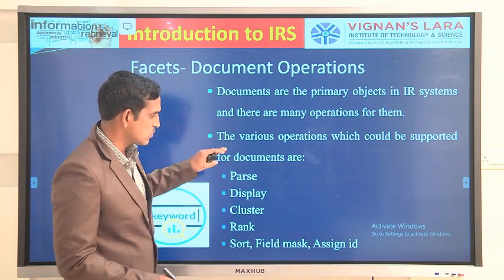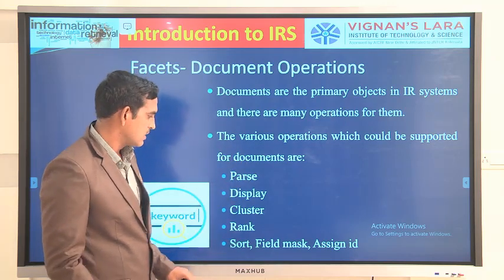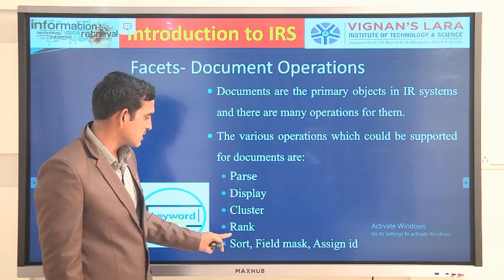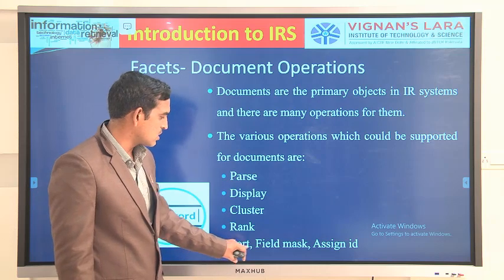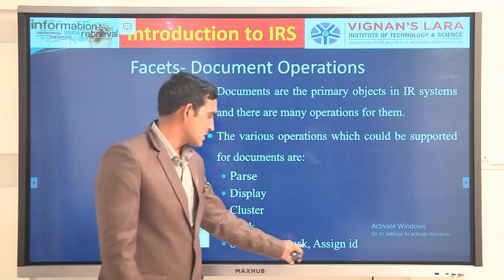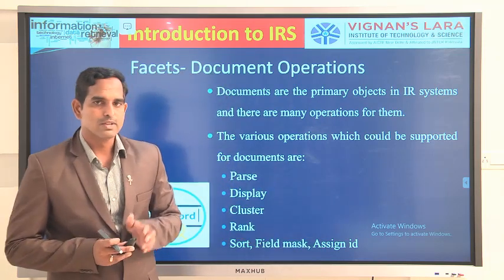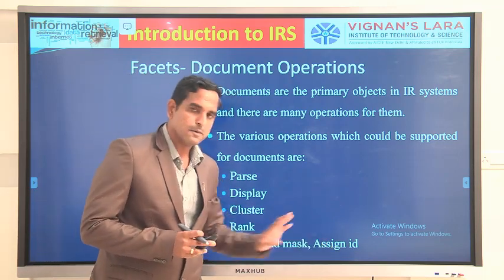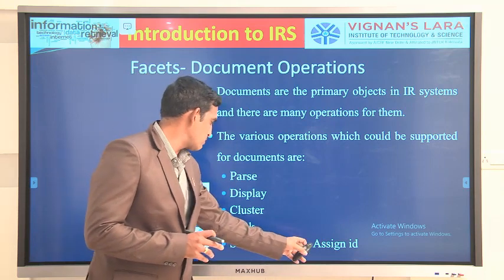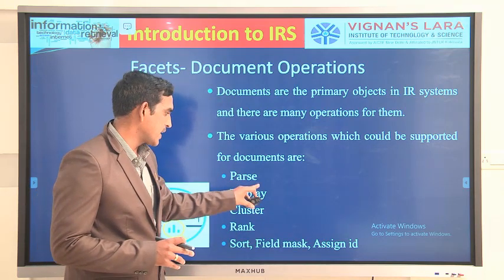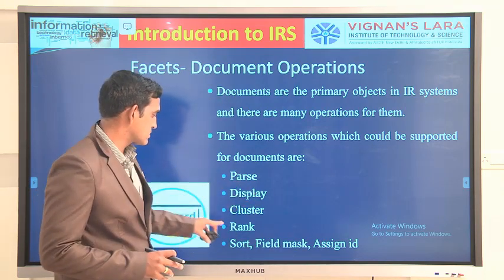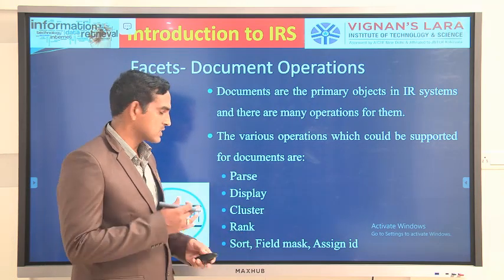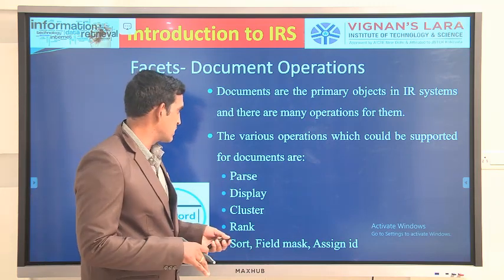The set of operations usually supported are: first parsing, second display, third clustering, fourth ranking, fifth sorting, sixth field mask, and seventh assign ID. Among these, the most important is assigning ID. Next important is displaying your files, then sorting, ranking, and parsing and mask are other things. We'll be looking at them one by one now.